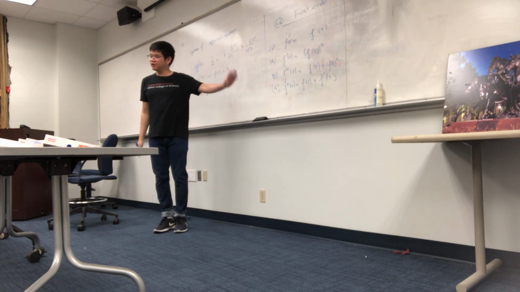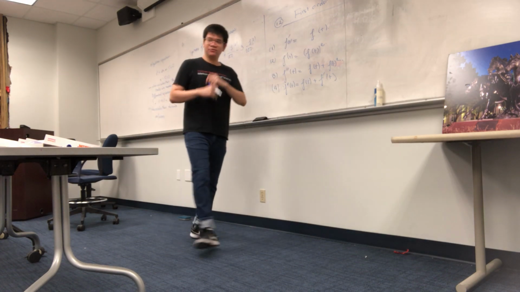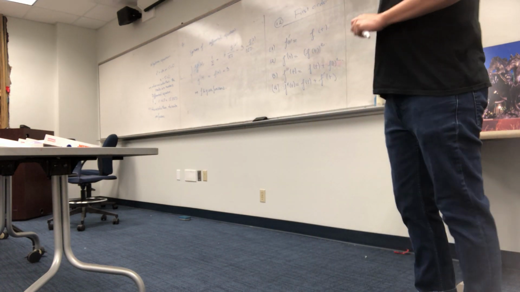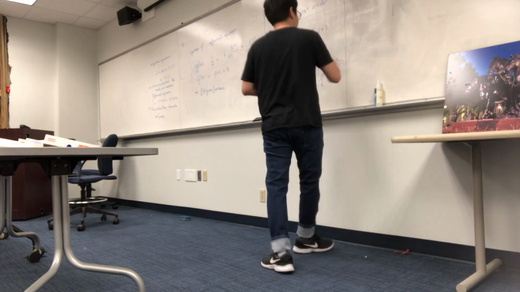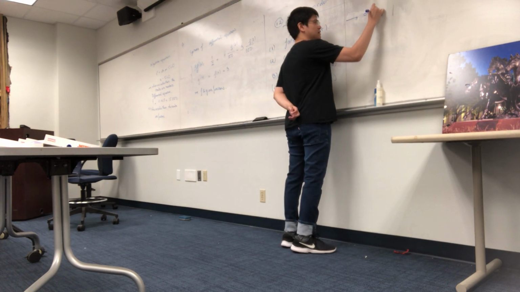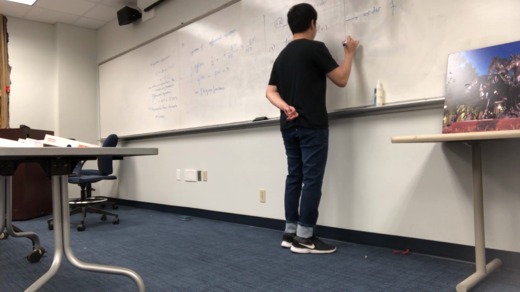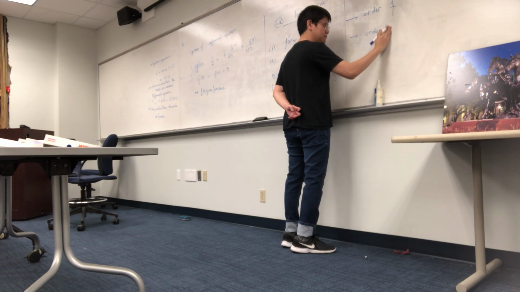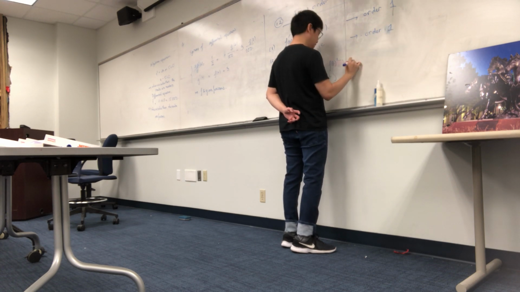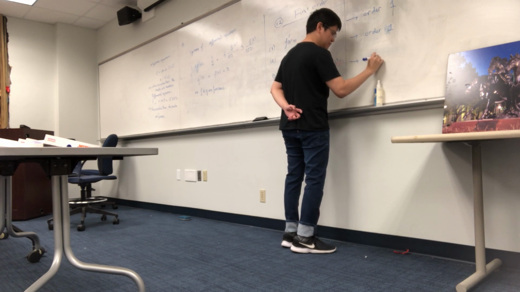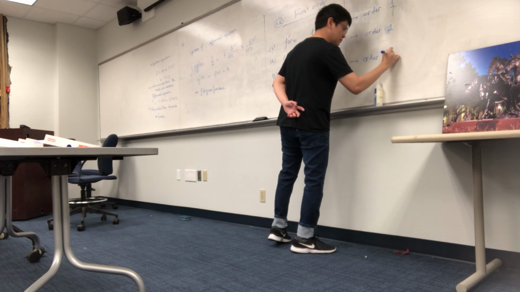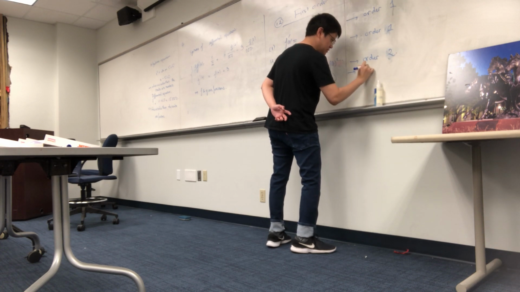All right, so I have 4 equations. I'm going to try to determine the orders of those equations. I'm going to say that the first two are of order 1, and the last two are of order 2.